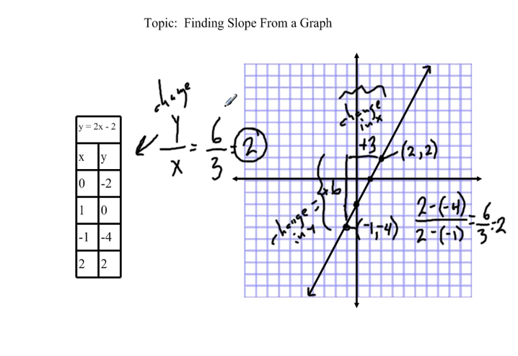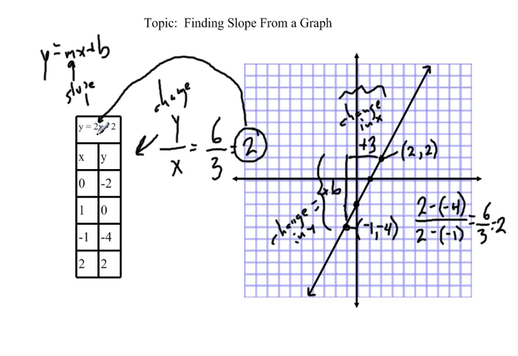Now where we're going next is I'm going to show you y equals mx plus b, which is the slope-intercept form of a line. And you'll note that when it's in y equals mx plus b, and I'll explain what those letters mean in a minute, m is your slope.